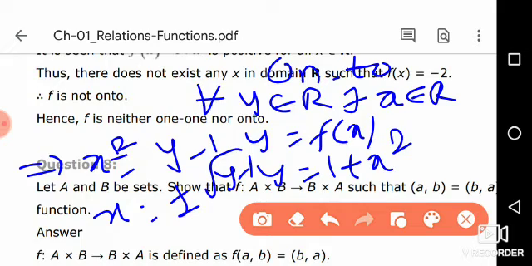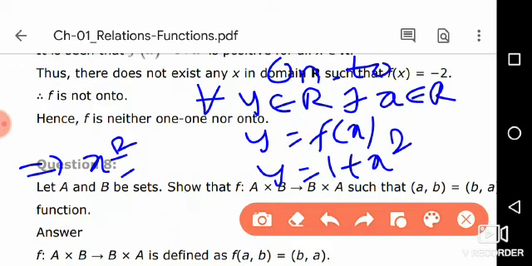For different values of y, there is no element of x which belongs to the domain set. Therefore the given function is not an onto function. Dear students, here we are going to solve for x. For that case we can write x square is equal to y minus 1.